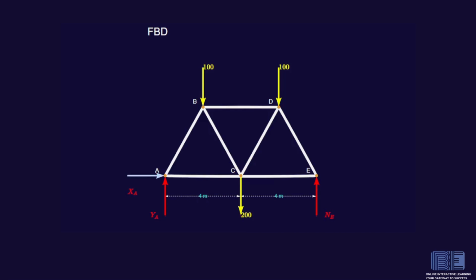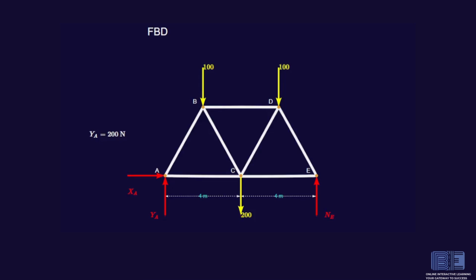Starting with the equilibrium equation in the x direction, we find that XA equals 0. Then, taking the moment about point A, we calculate YE equals 200 newtons. Finally, using the equilibrium equation in the y direction, we determine that YA equals 200 newtons.